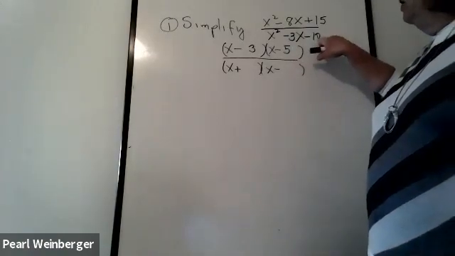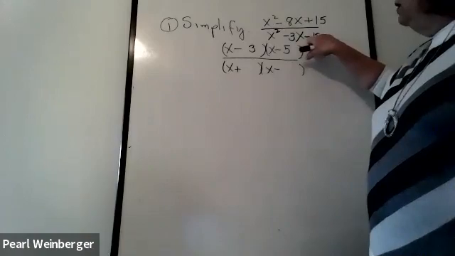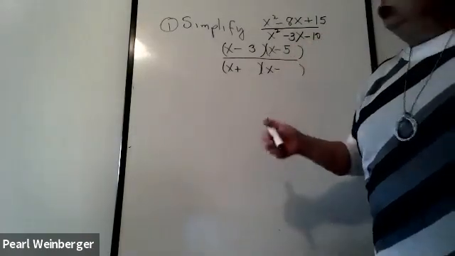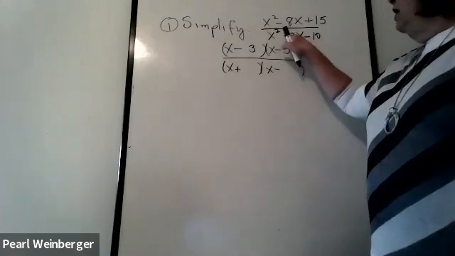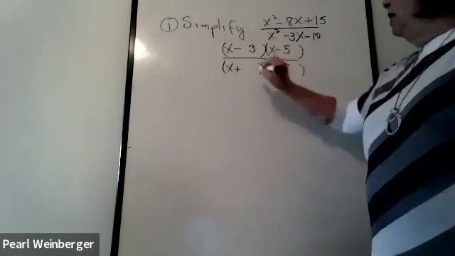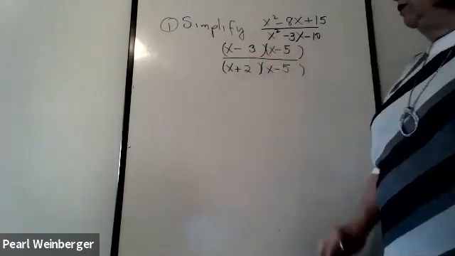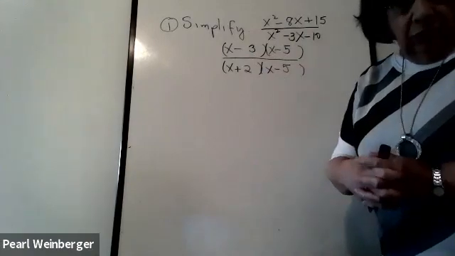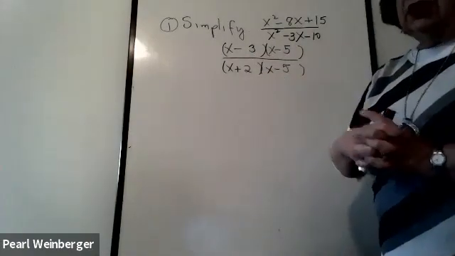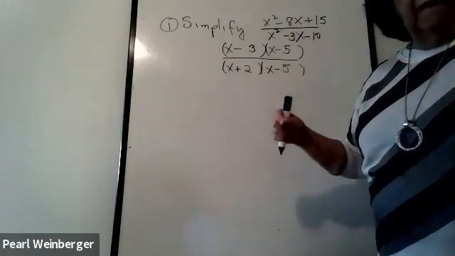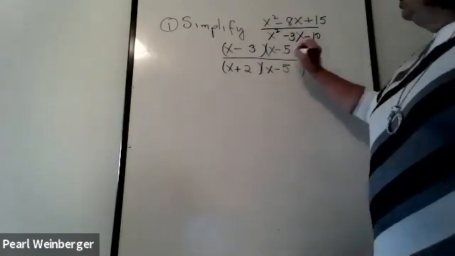And now we're looking for numbers that multiply to 10, but since this is a minus, they have to subtract to 3, and that would be 5 and 2. And since the 3 is negative, the larger number, the 5, goes with a negative, and the 2 goes with a positive.